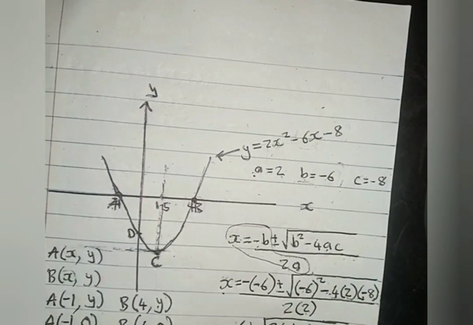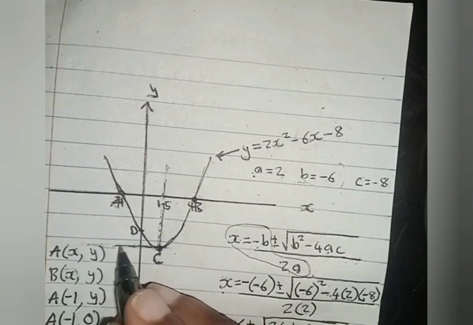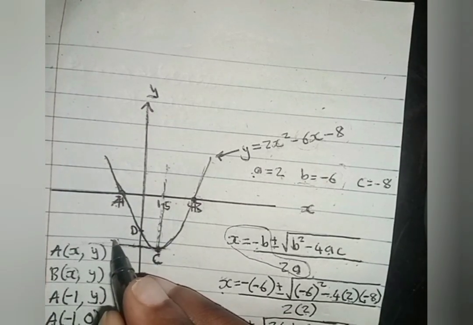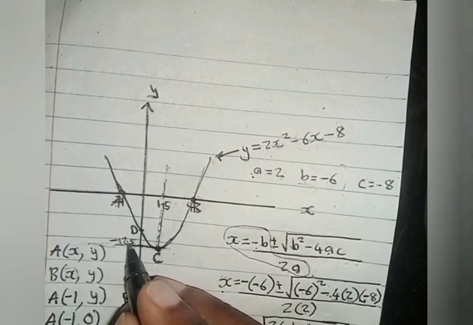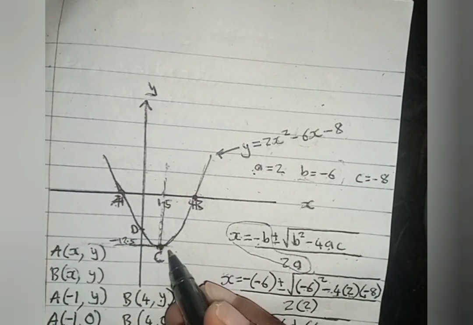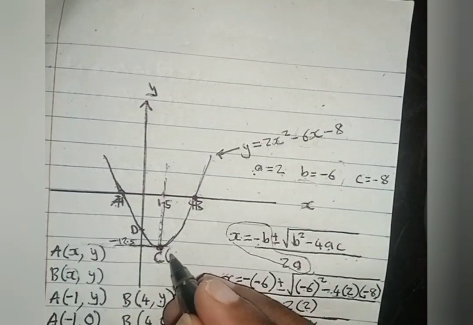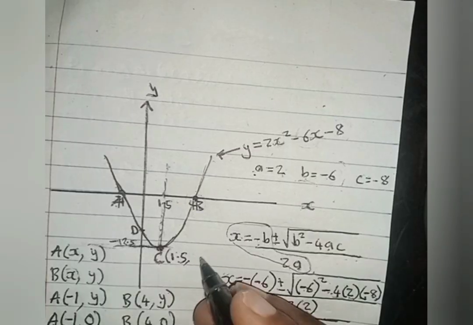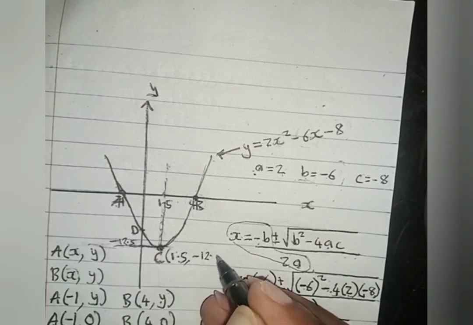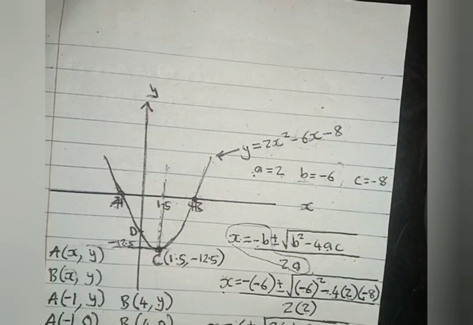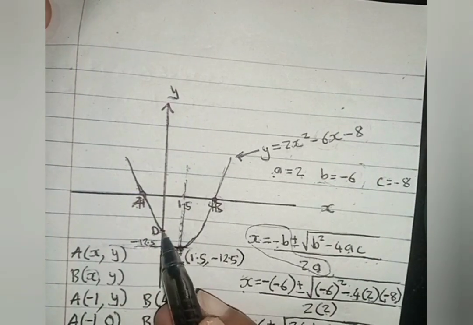If we go back on our curve, here on the y-axis, this number is -12.5. So the coordinates of the turning point at C: the x value we found was 1.5, then the y value is -12.5.